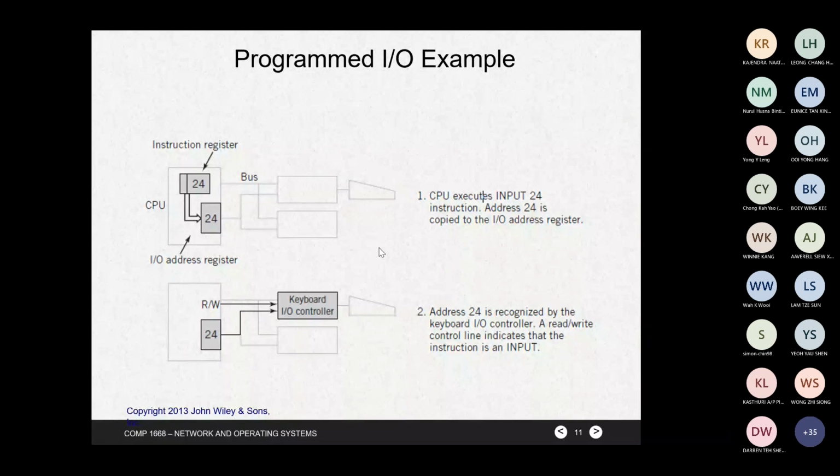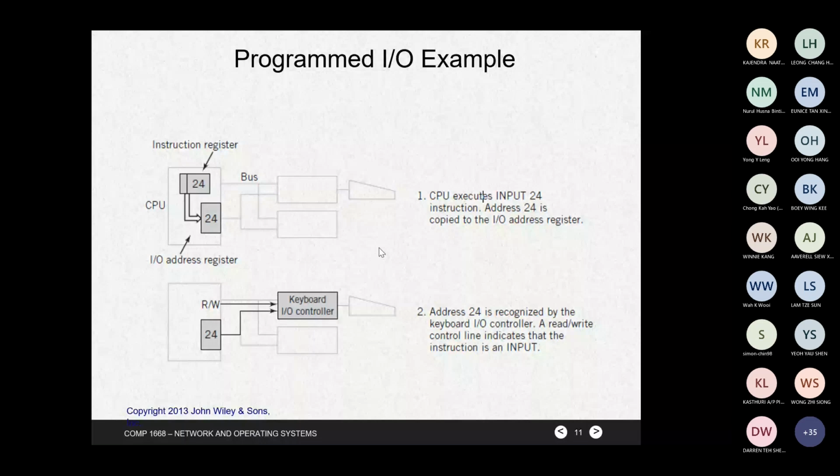How the register address is being copied from the input into the I/O needs to be explained in more detail, not as simple as this.